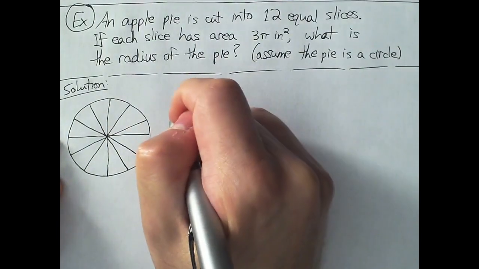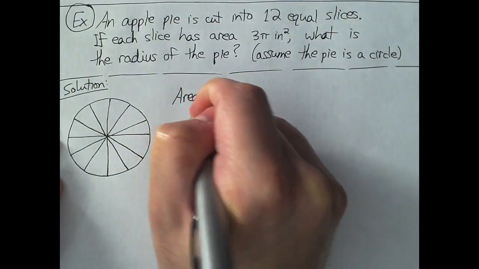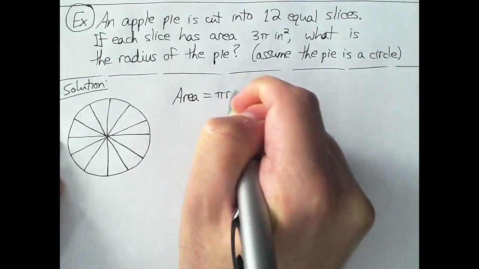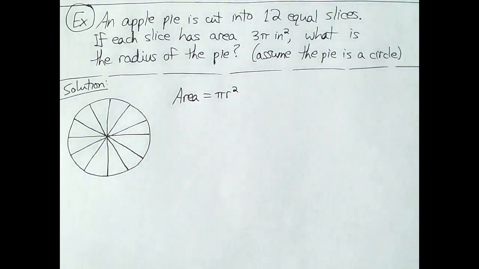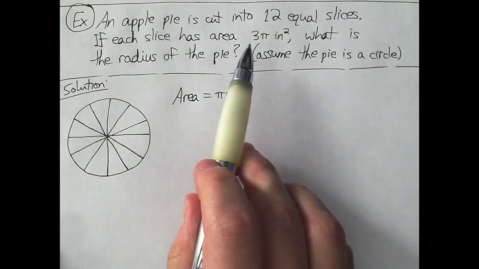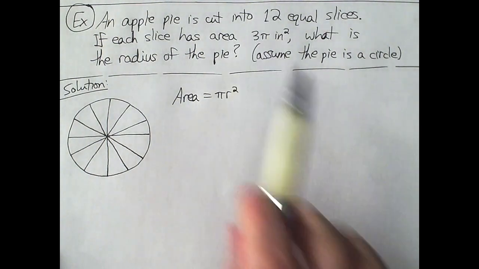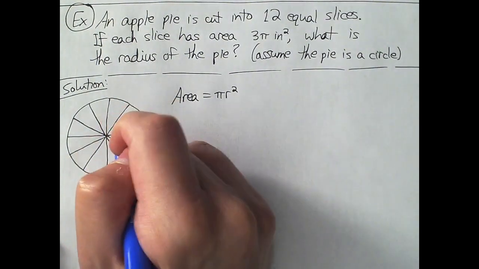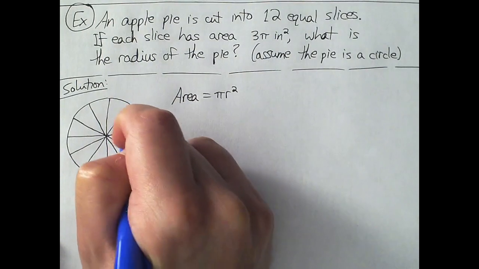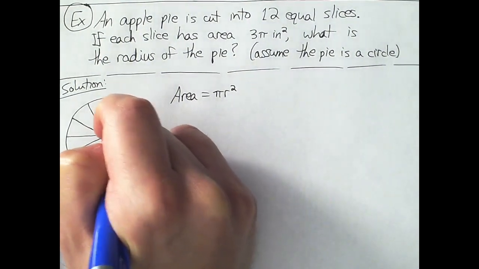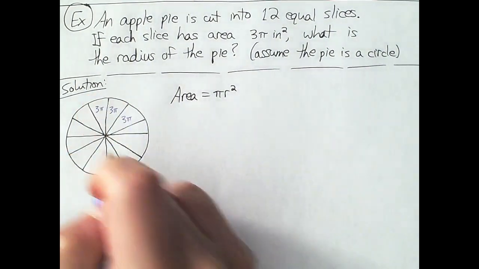Now the area of the entire pie is pi r squared, okay? This problem is asking us what is the radius of the pie. That's what we need to find. Now, I know that each slice has an area of 3 pi, so maybe you could think of it as, this one has an area of 3 pi, this one has an area of 3 pi, and so on.